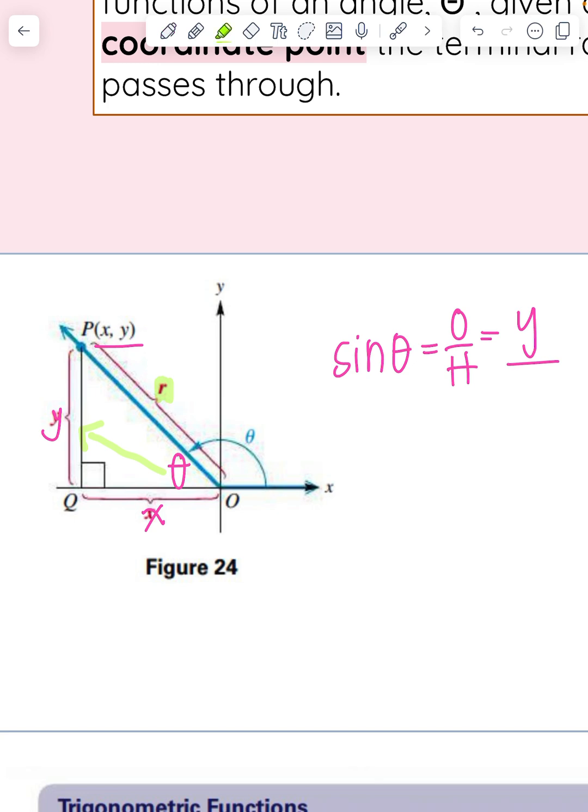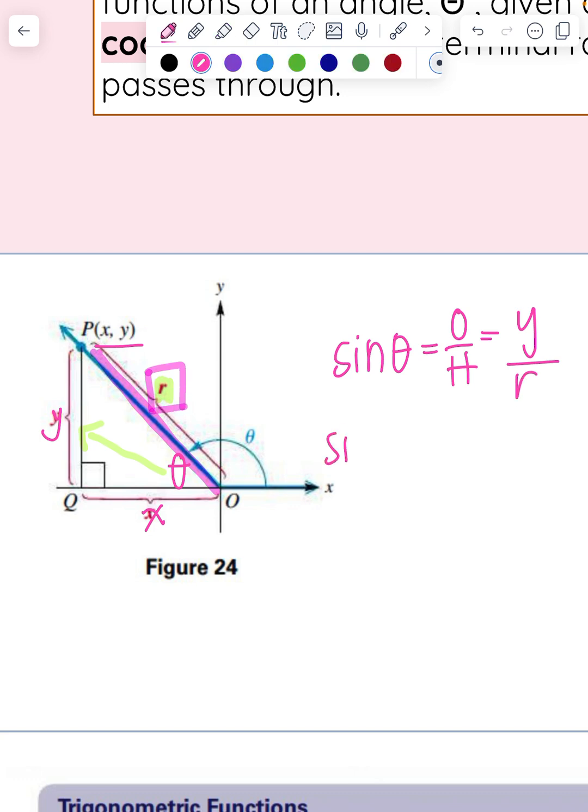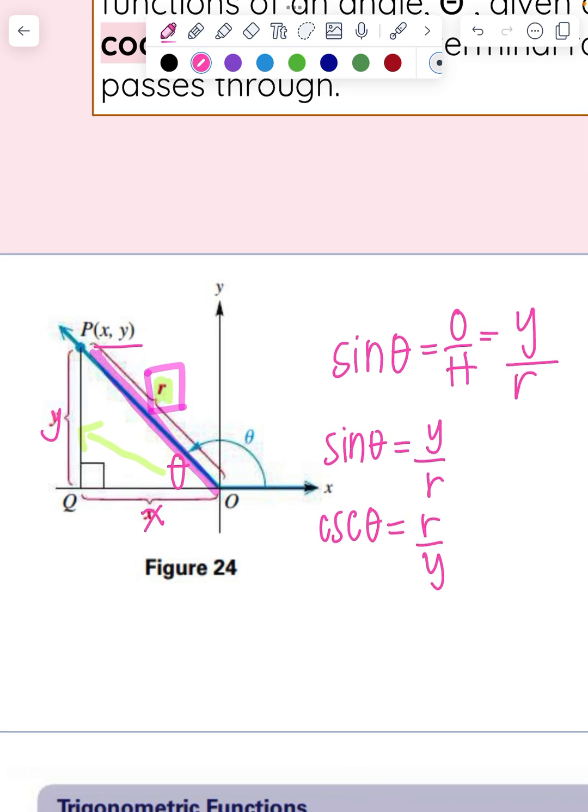Like I said earlier, we represent the hypotenuse with the letter r. So for sine theta, instead of opposite over hypotenuse, we will use y over r. Well, then cosecant, its reciprocal, would be r over y.